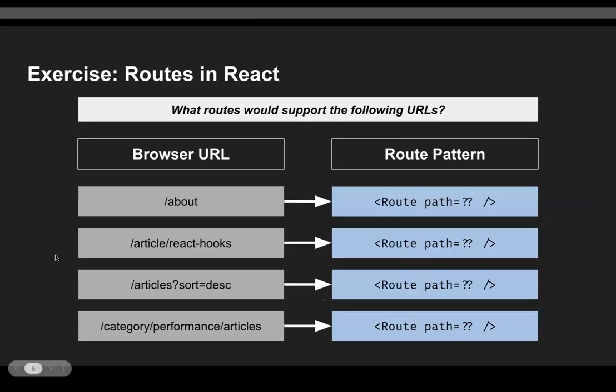Okay, so let's do a quick exercise. We have some URLs here on the left that I've put down. I want us to quickly go through each of these and talk through what the different route patterns are that we'd need to match to each of these URLs. So let's go from top to bottom. Let's start with the first one.